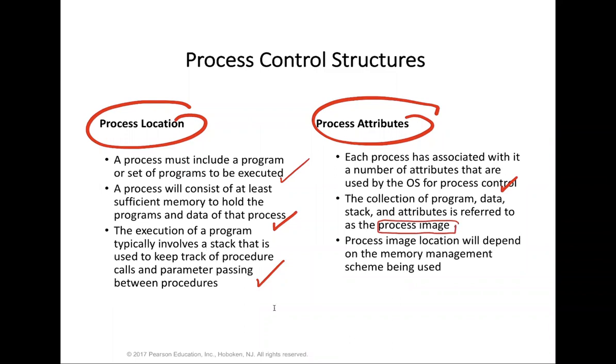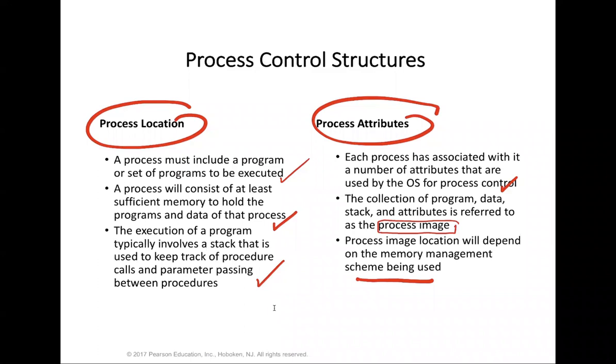The process image location mainly depends on the memory management scheme that is used. In the simple case, the process image is maintained as a contiguous block of memory.